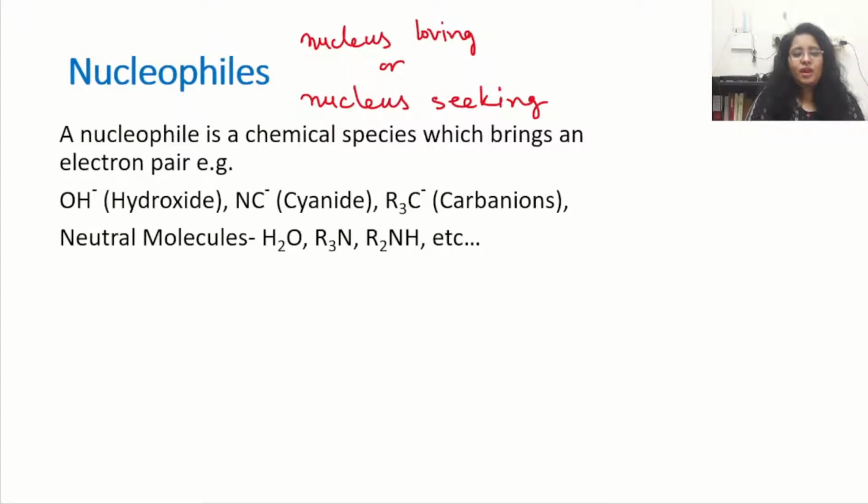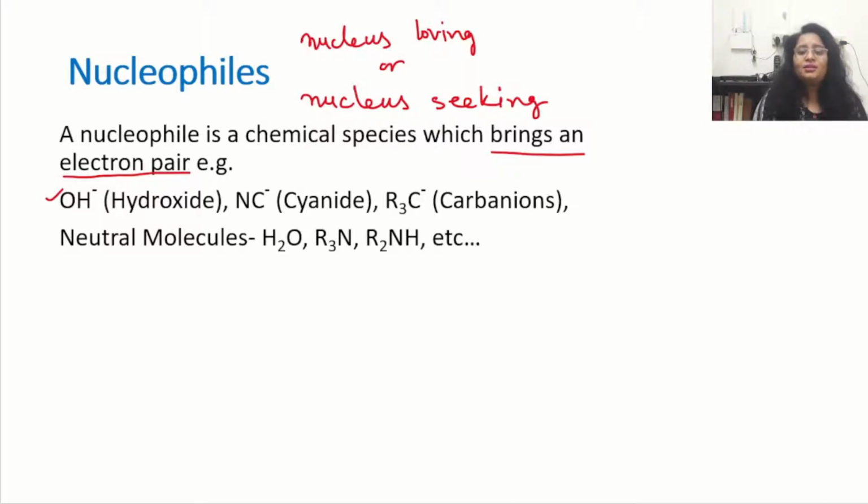A nucleophile is a chemical species which brings an electron pair. Such a species which has an electron pair with it is called a nucleophile. For example, the hydroxide ion, OH minus.